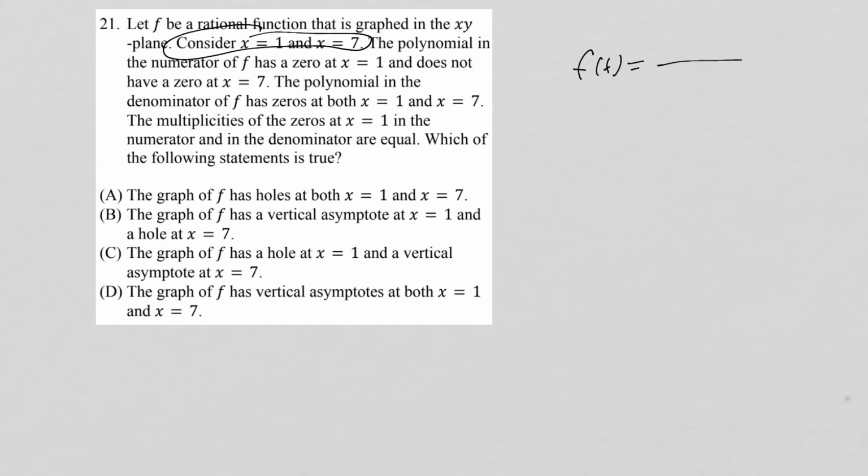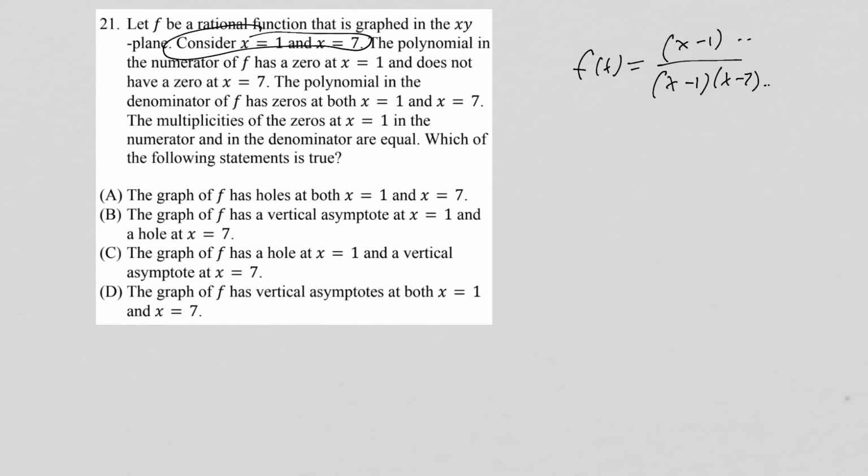The polynomial in the numerator of f has a 0 at x equals 1. So we have an x minus 1 here. And does not have a 0 at x equals 7. So there's some other stuff, but there's no x minus 7 here. The polynomial in the denominator has zeros at both x equals 1 and x equals 7.